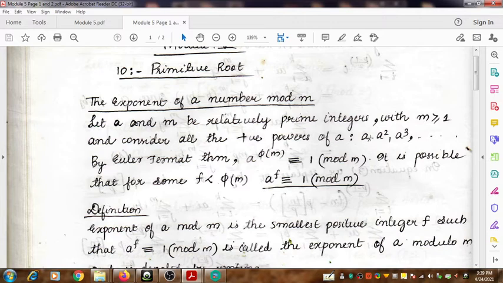We can thus conclude that there exists some number which has the minimum value and also satisfies the relation a raised to f is congruent to 1 mod m. Since there exists at least one number that can be used in place of f, namely phi m, there must exist some number which has the least value having this property.